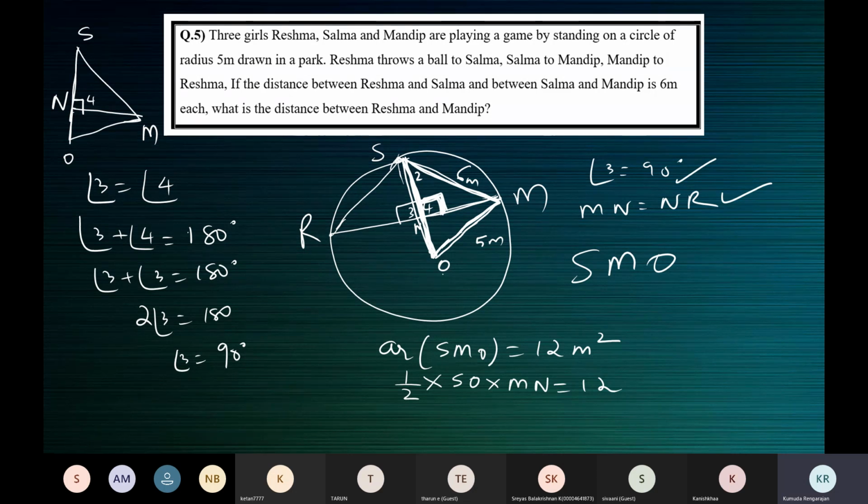So you have to take SO as the base and MN as the corresponding altitude. That is why we need to prove that angle 3 is equal to angle 4 is equal to 90 degrees. That's why you'll have to prove that each of them is equal to 90 degrees. Only if it's 90, can MN be perpendicular to SO.